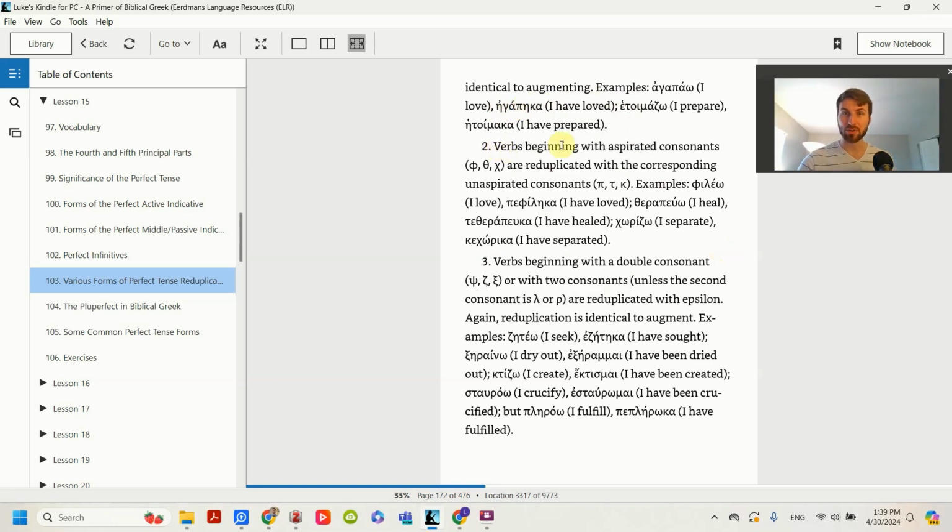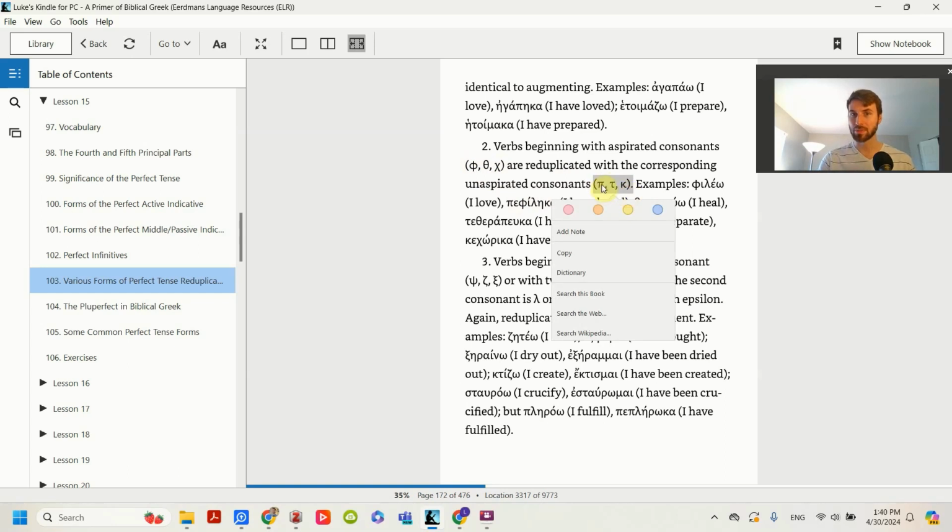Then here, verbs beginning with aspirated consonants, so like the ones that take more breath to do, phi, theta, and chi, they will take their unaspirated forms with pi, tau, and kappa.